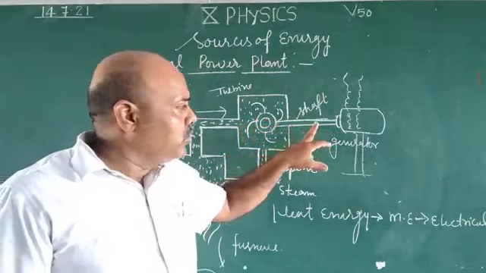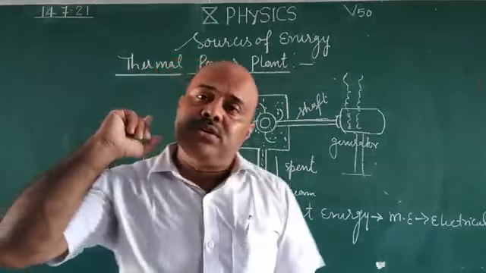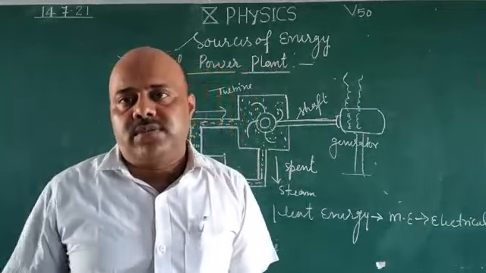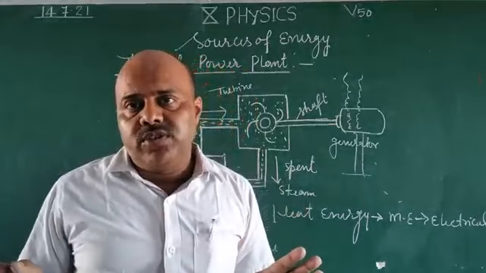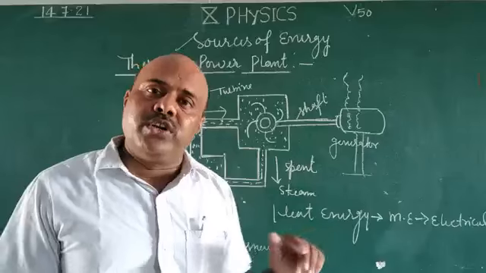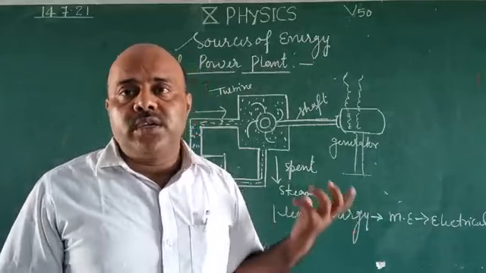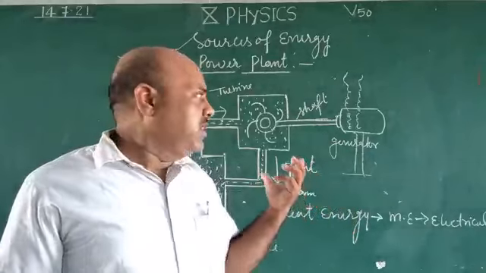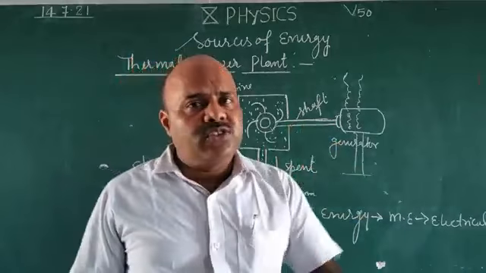And when the shaft rotates, the electrical energy is generated. I told you a generator is that device by which we can convert mechanical energy into electrical energy. So here we can use a small generator, that is, a dynamo or generator.